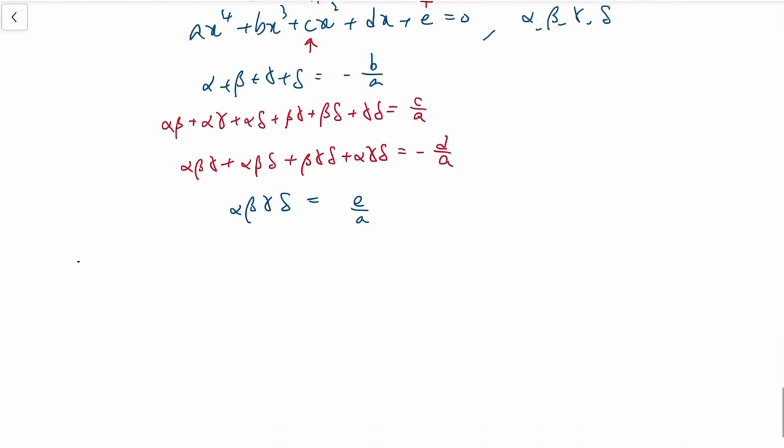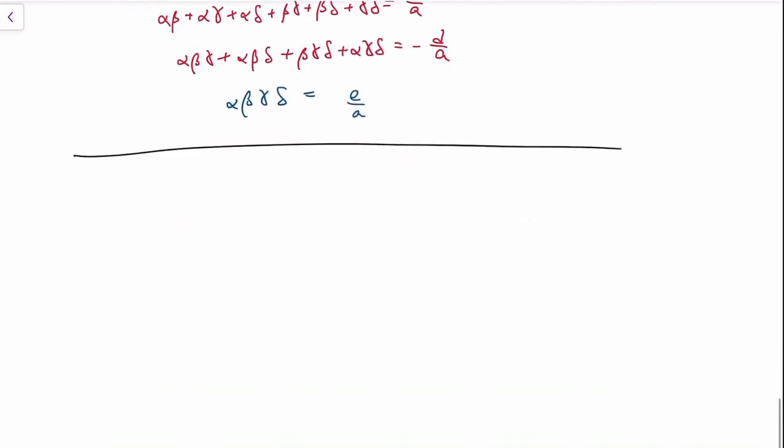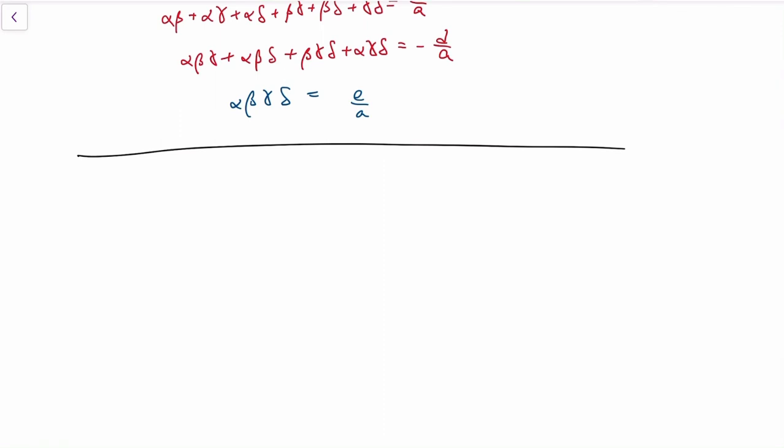And very lastly, in general, if you have a polynomial of power n, so a_n x to the power of n, plus a_(n-1) x to the power of n minus 1, plus blah blah blah, until you have a_1 x to the power of 1 plus a number equal to 0.